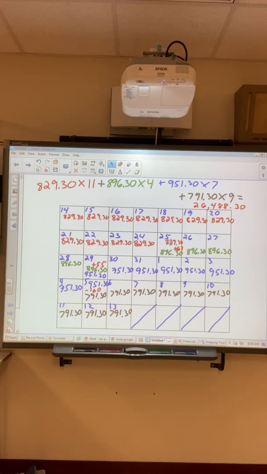Total. Okay, well, we just did the total, the 26,488.30. That's the total of all 31 balances. What do you do after you get the total? Add anything up. And then multiply the date by the number of days that stayed.